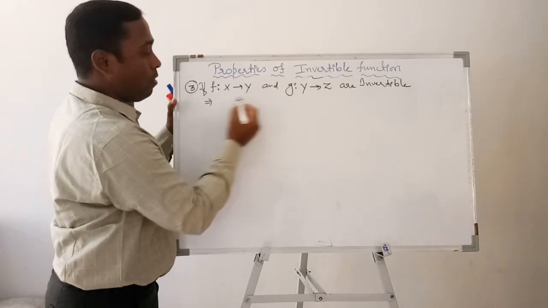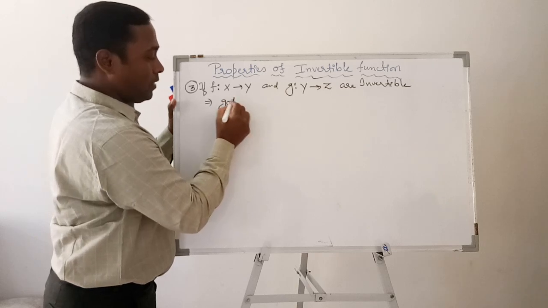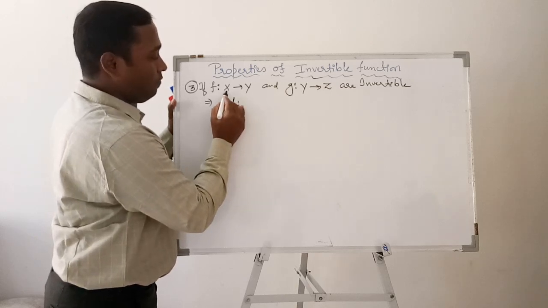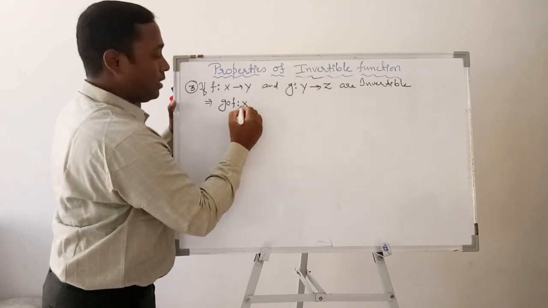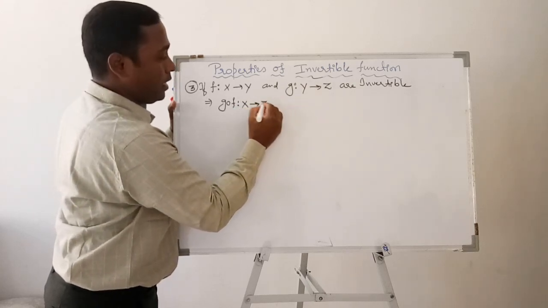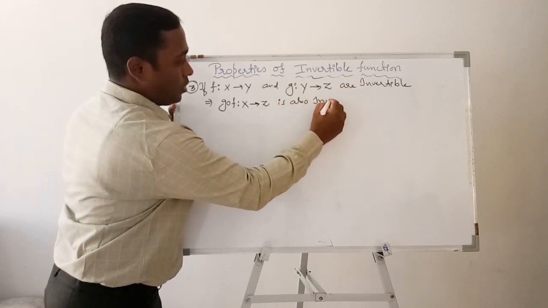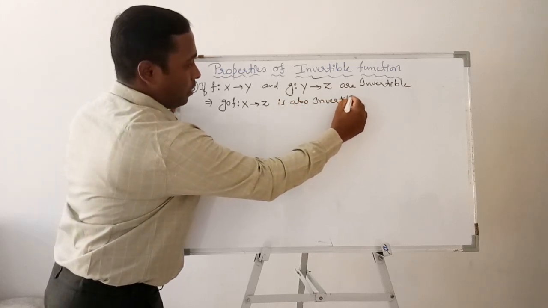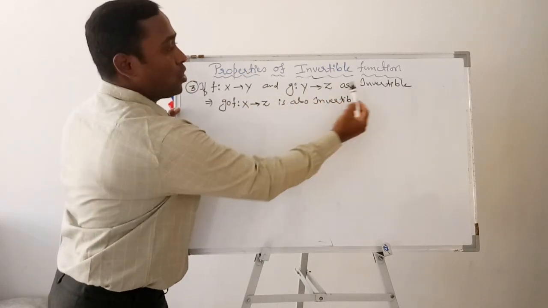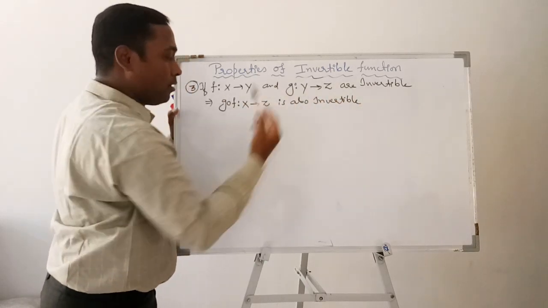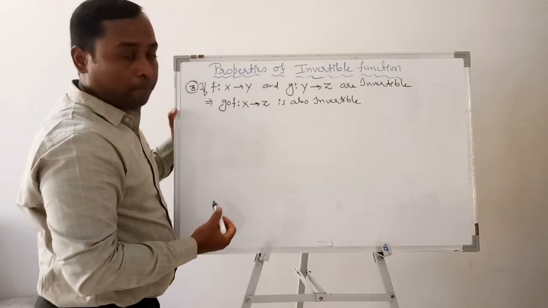And we know the composition of f and g is defined as g circle f, which is defined from set x to set z, and it is also invertible.